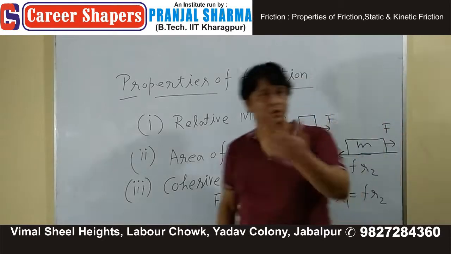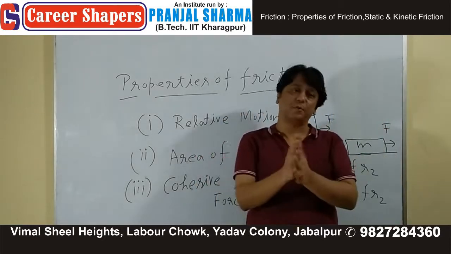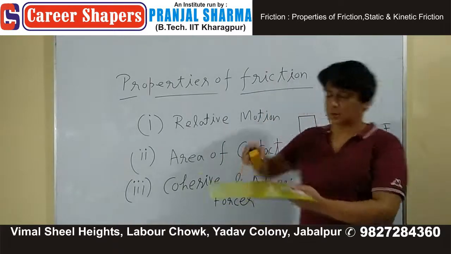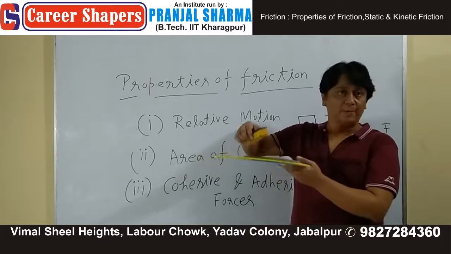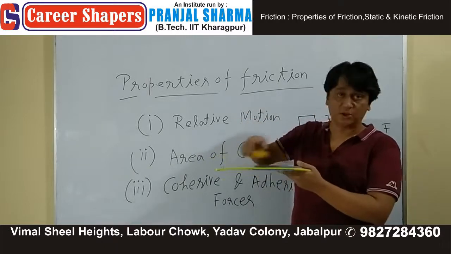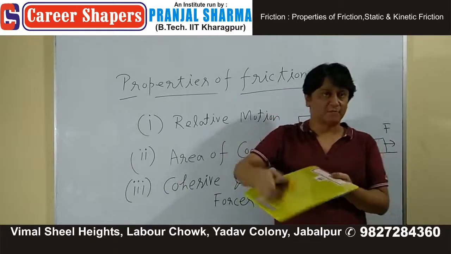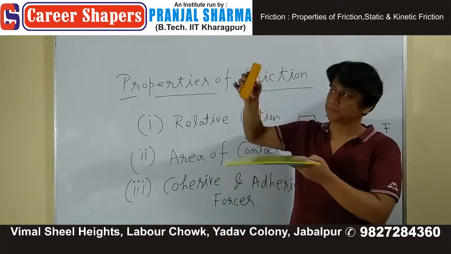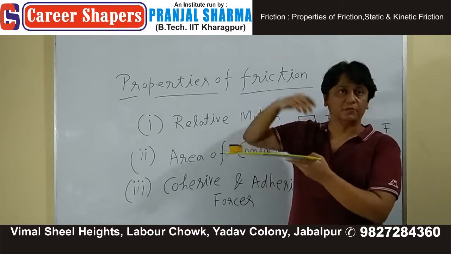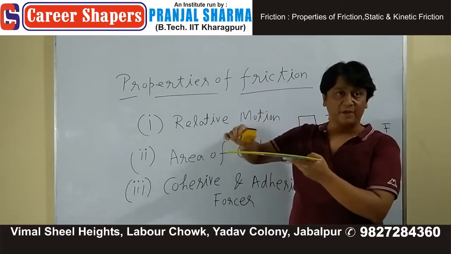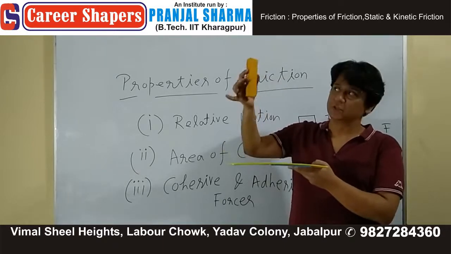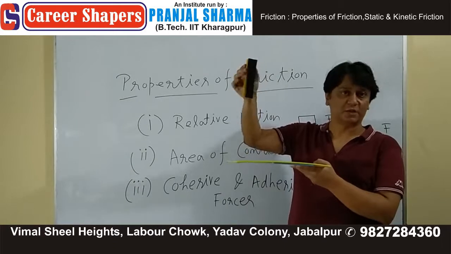So what the whole thing says, friction depends upon the type of surfaces which are in contact with each other. Look, this is a plastic board, this is wood. So if you move it, the friction which is present will be different if instead I move this side and this side of the duster, they are different.